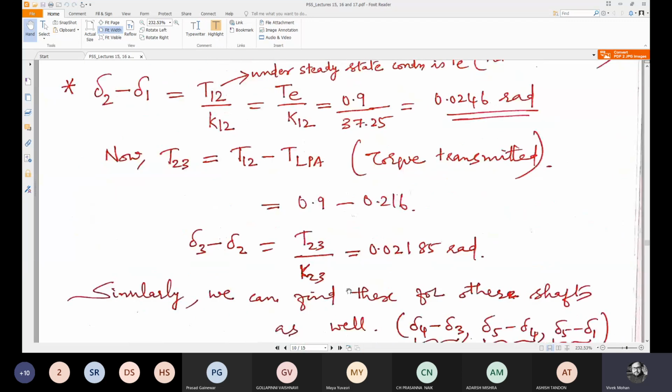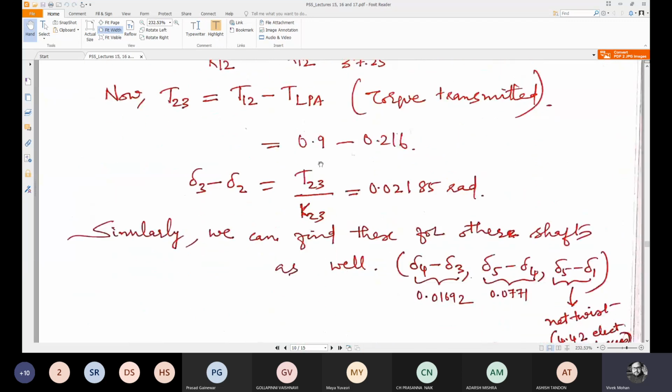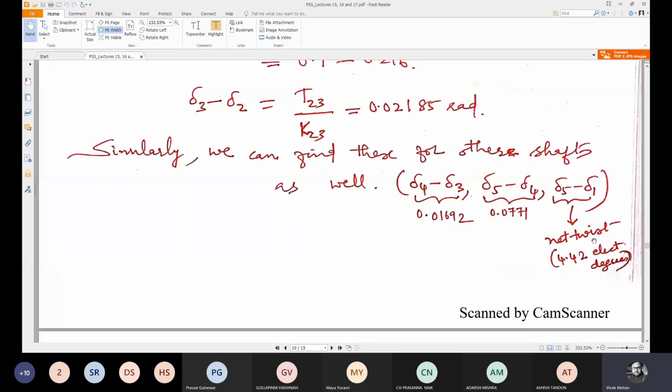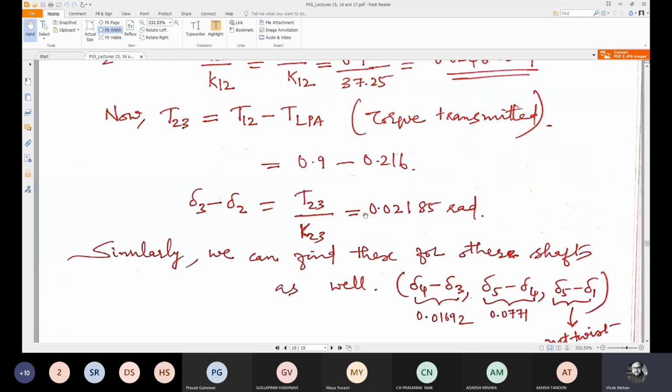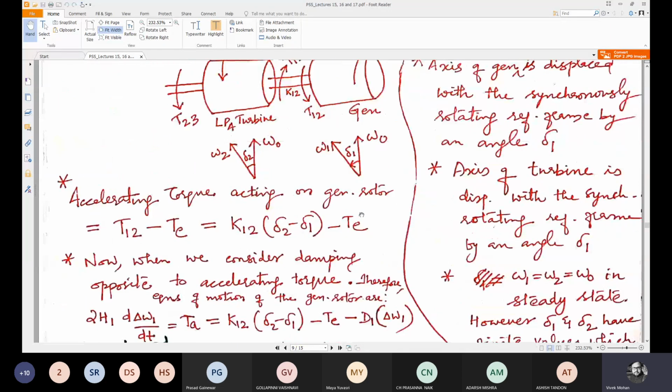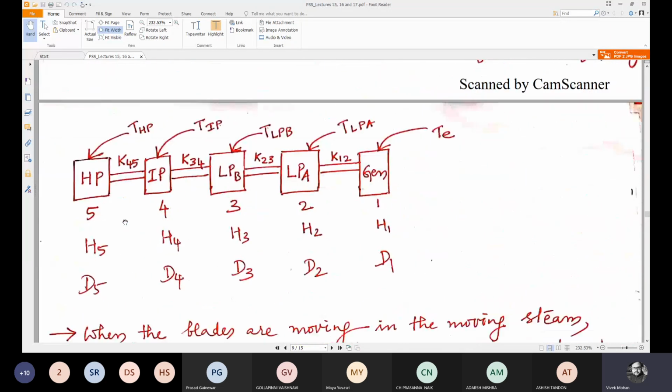Now similarly, we are finding the value of del 3 minus del 2, which is 0.02185. Similarly, we can find all the values: del 4 minus del 3, del 5 minus del 4, del 5 minus del 1. Now if you find del 5 minus del 1, the fifth mass is HP and the first mass is generator, so that is the net twisting.